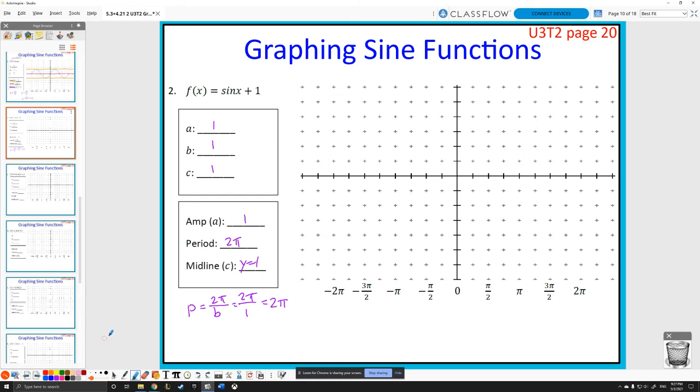Once again, I'm going to draw my midline first. But this time, my midline is at y equals 1. My amplitude is 1, so this time that is not going to be as high as the previous problem and not as low.